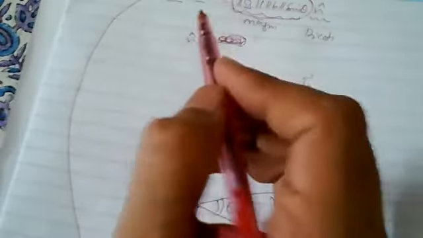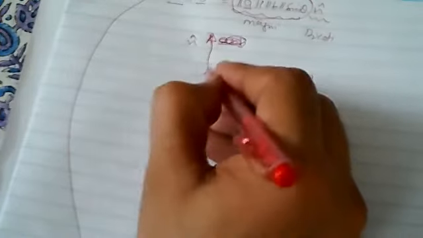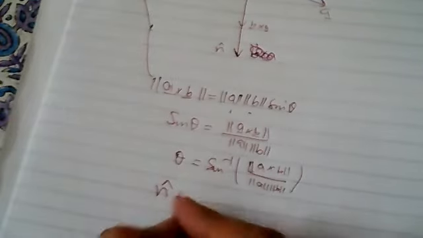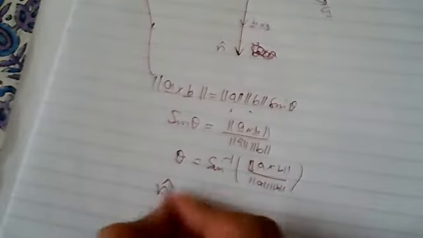If you want to find the unit vector n hat, it is a unit vector in the direction of A cross B. What is the definition of a unit vector? Vector over magnitude. So n hat is a unit vector perpendicular to A and B, orthogonal to A and B. Let's suppose there is a question: find a vector perpendicular to both vectors A and B. It means you have to find the unit vector perpendicular to both A and B. So A cross B is a vector perpendicular to both A and B, then divide it by its magnitude.